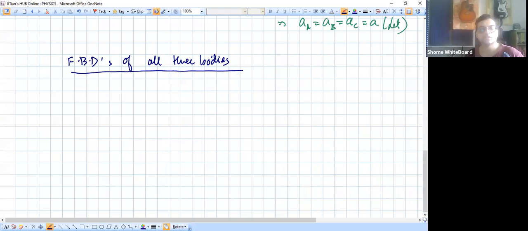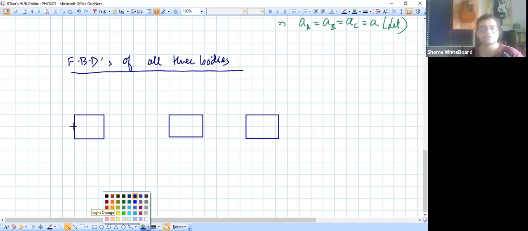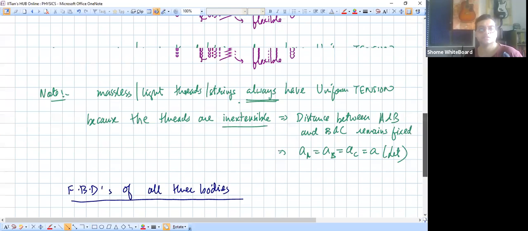So when I look at the free body diagrams of the blocks A, B, and C, I can show them as particles, I can show them as blocks also, it doesn't matter. If I want to be very exact, I should show them as particles, but still. So here, the force F1 is acting like this, F2 is acting like this.